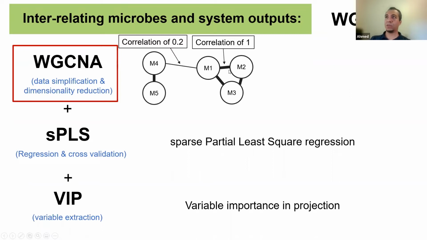So if you have a correlation of 1, you have a very strong connection, or edge, here. And if you have a very low correlation coefficient, then you will have a weaker edge connecting microbe 1 with microbe 4, for example. And after you build this network, this is just an oversimplification of how a network can look. But if you have thousands of these, you can find a more complex network resulting from this step.